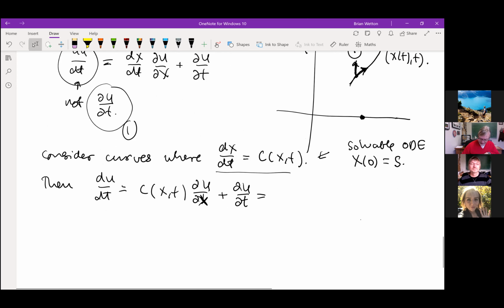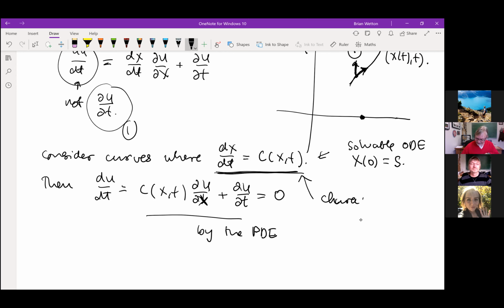And by the PDE, this is 0. So this just says if you have lines that have this behavior, these are called characteristic lines.